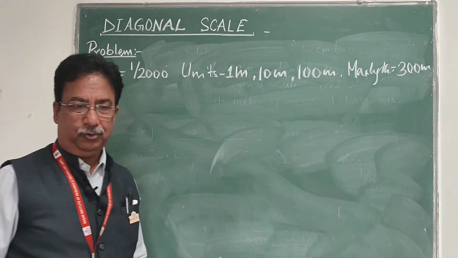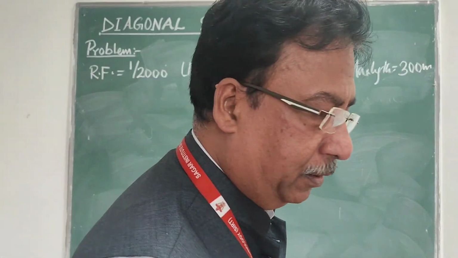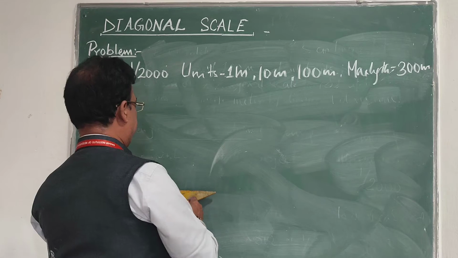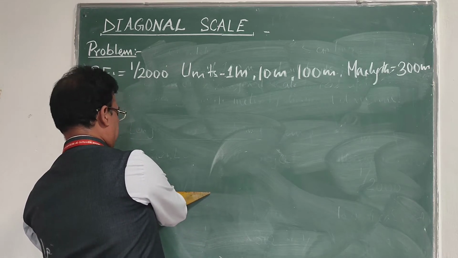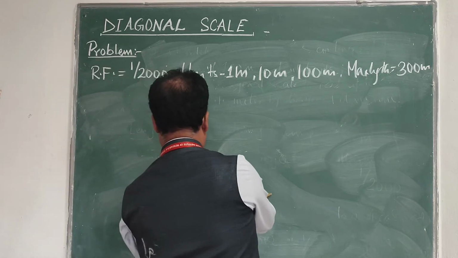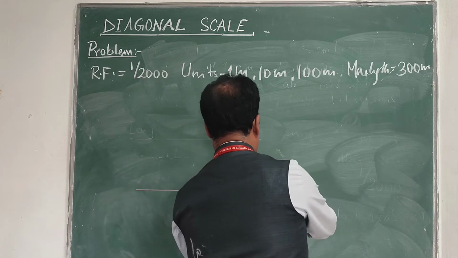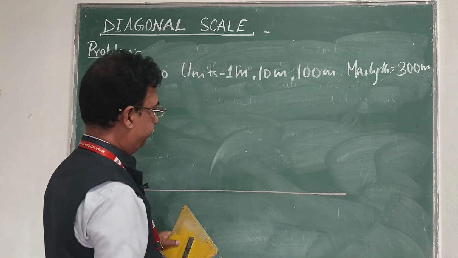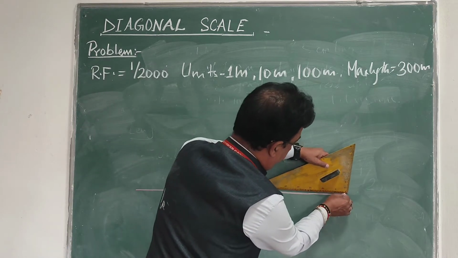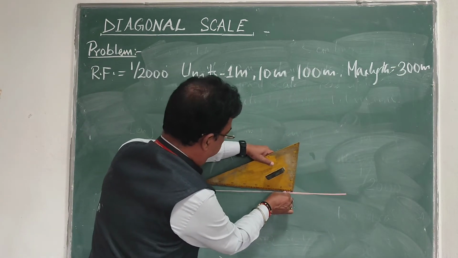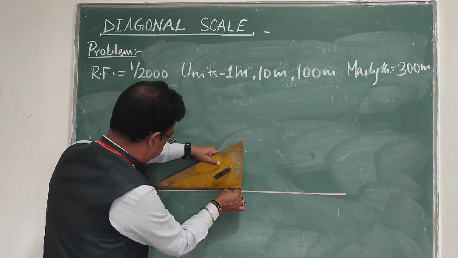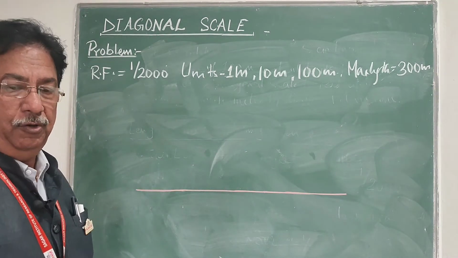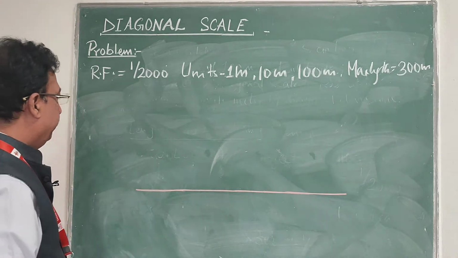So now I want to go for a diagonal scale. The method will be, again I am going to draw a line of 15 centimeter length for this scale, and I will divide this line, as this line will be representing a distance of 300 meter.